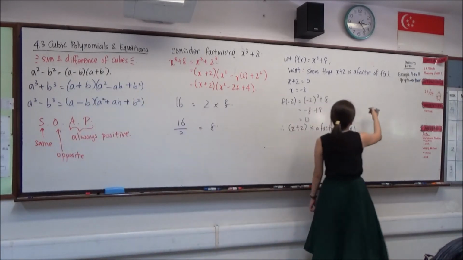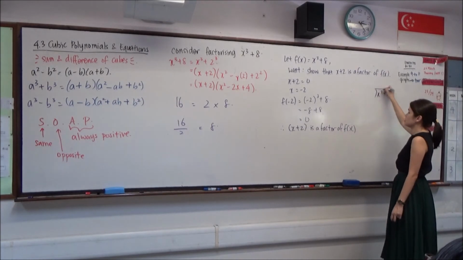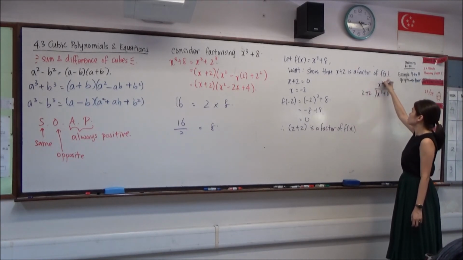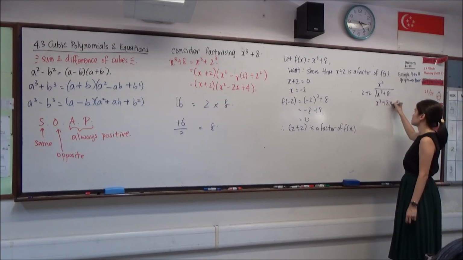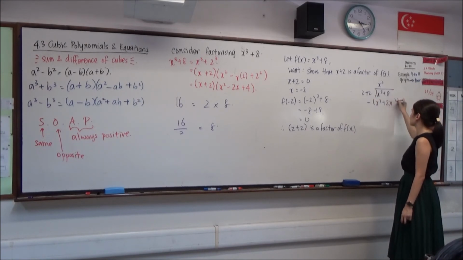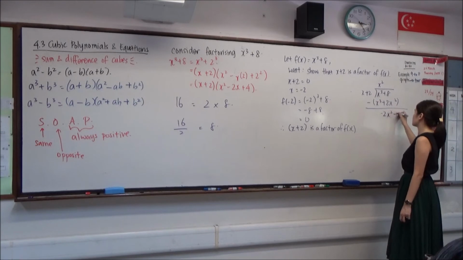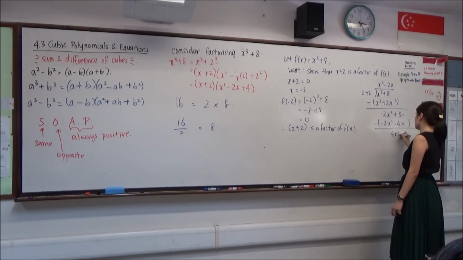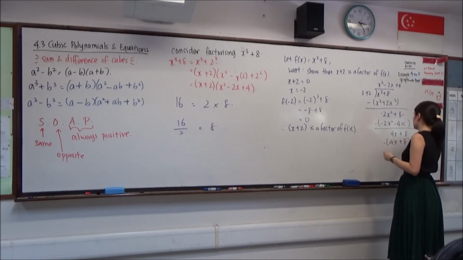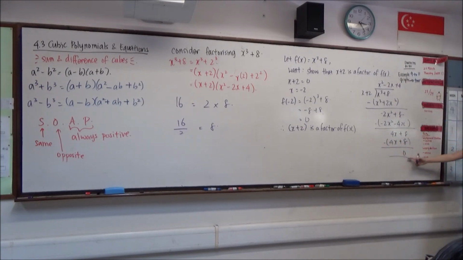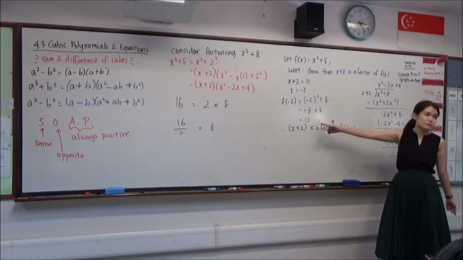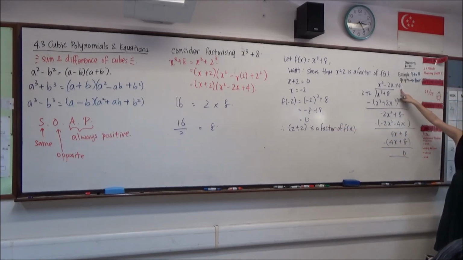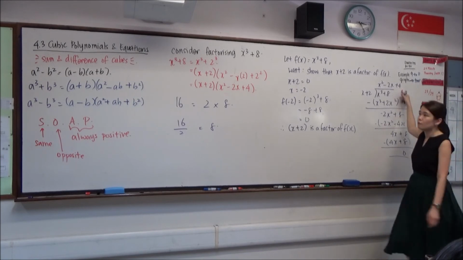So if I were to do the long division process, the remainder will be expected to be 0 because factor theorem already tells you remainder is 0, right? And the quotient is x squared minus 2x plus 4, which is this part here.